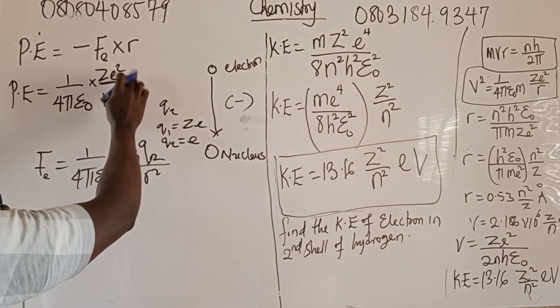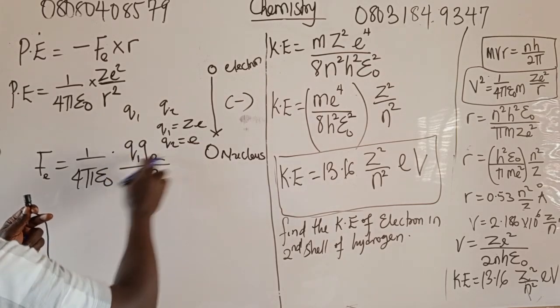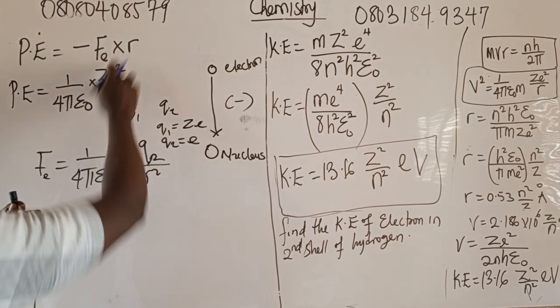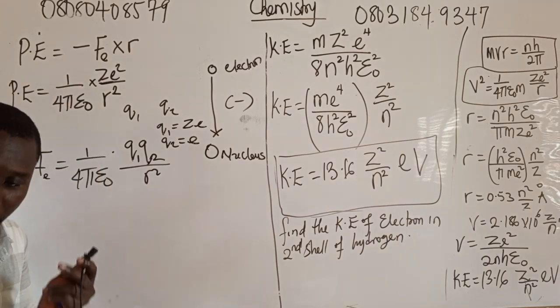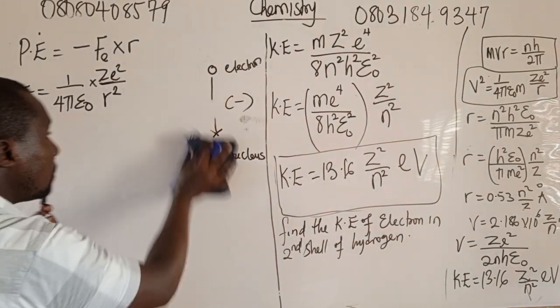That's where we got this formula. When you change Q1 to Ze and Q2 to e, times e, you get Z e square over r square. That's how we got that. Please take note of that. I explained it earlier.